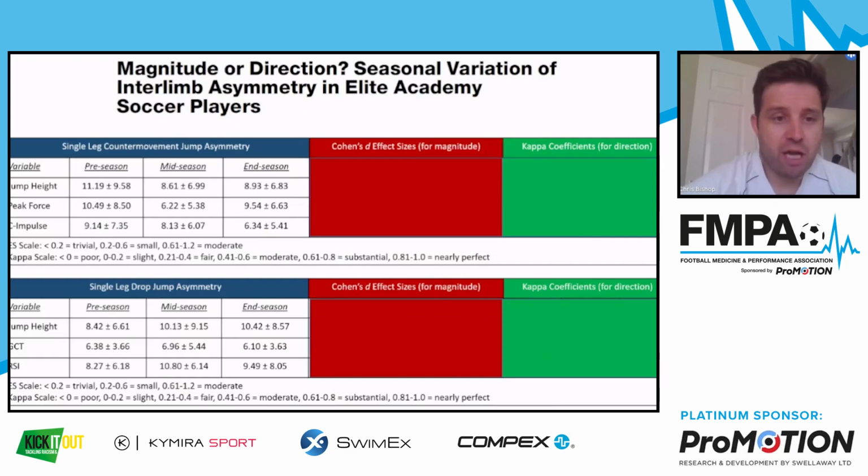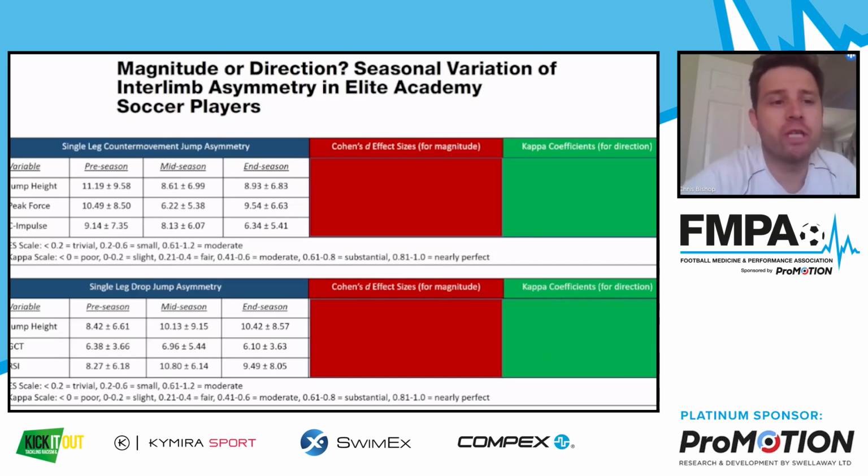The numbers you see are group mean asymmetry values, and the second number in each box represents the standard deviation. First thing to say is, again, if you look at the size of the standard deviation relative to the first number, the group mean value, you can see that they're very large indeed.